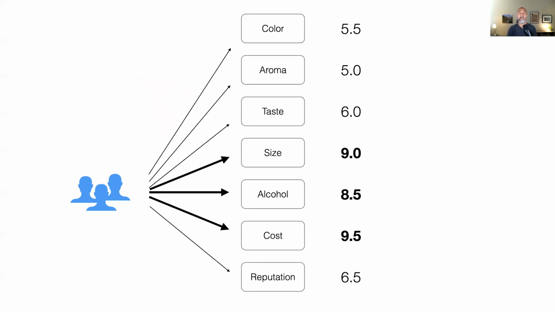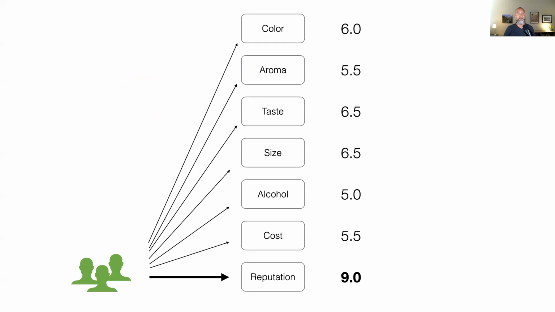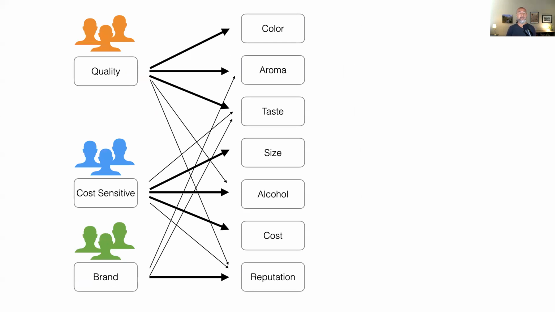But then a certain group of people tend to score higher for the size, alcohol, cost. And another group of people tend to score higher for the reputation, but not so much for the other questions. So it looks like there are 3 groups of people, based on the scores they gave for each question.